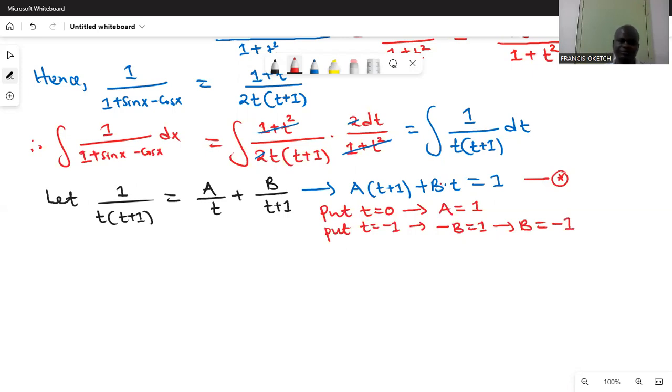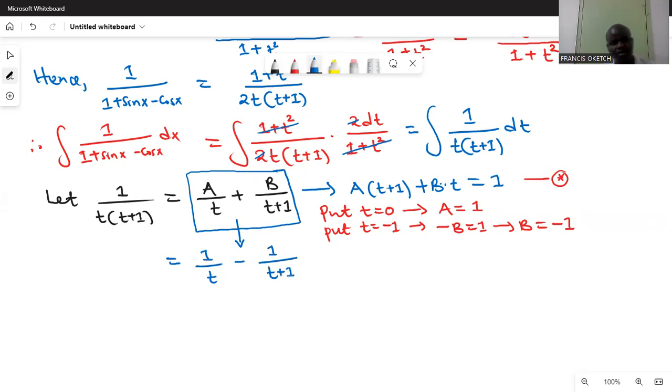So therefore, our fraction can now be written as 1 over t, minus b. Remember, b is -1, so minus 1 over t plus 1.